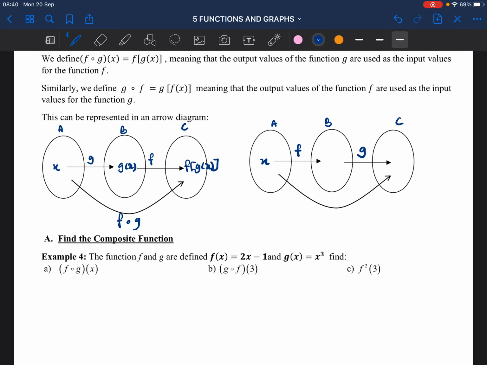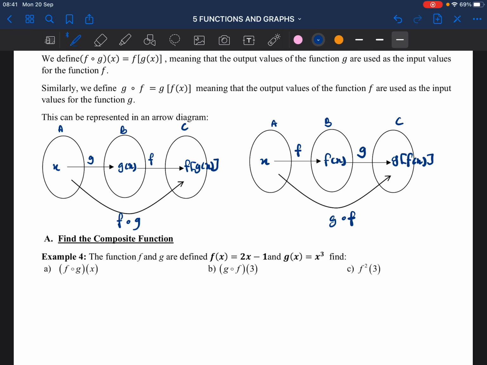The output values of the function f are used as the input values for the function g. So here will be f(x) and here will be g(f(x)). So that means this is g composite f.